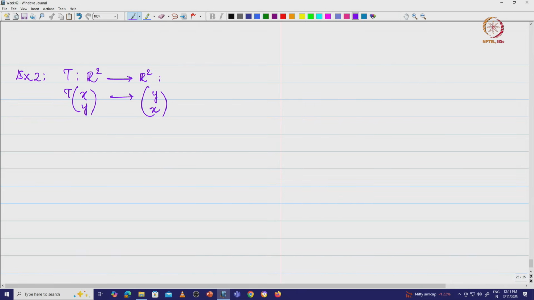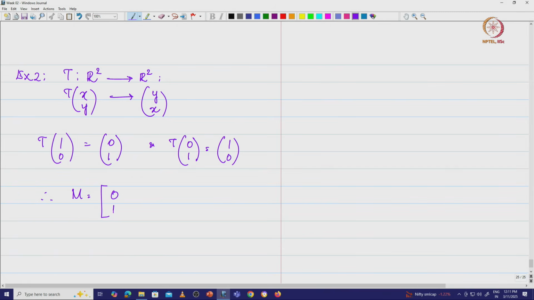Let us look at what the transformation does to the standard basis and then we will figure it out. The transformation of the (1, 0) vector results in (0, 1), and the transformation of the (0, 1) vector results in (1, 0), because whenever you have (x, y), the transformation results in (y, x). Therefore the matrix associated with this is nothing but, as we said before, the transformation of the (1, 0) vector and the transformation of the (0, 1) vector. So I am going to get the matrix with rows (0, 1) and (1, 0).